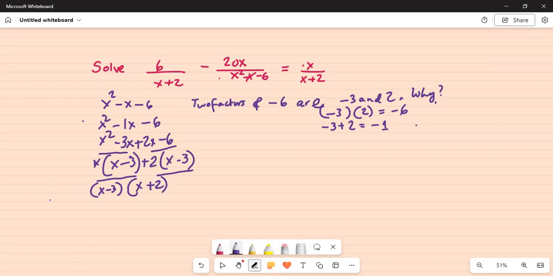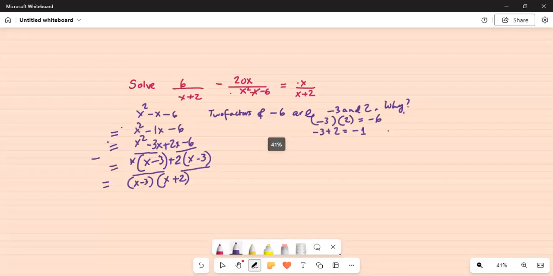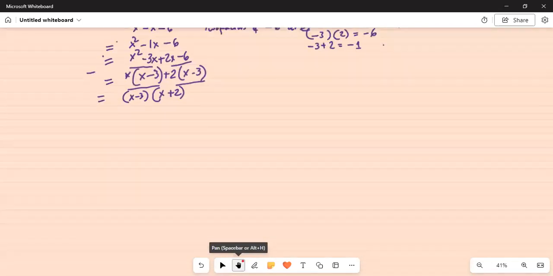Hence, x square minus x minus 6 is x minus 3 times x plus 2. So let's reduce that a bit and move this up.